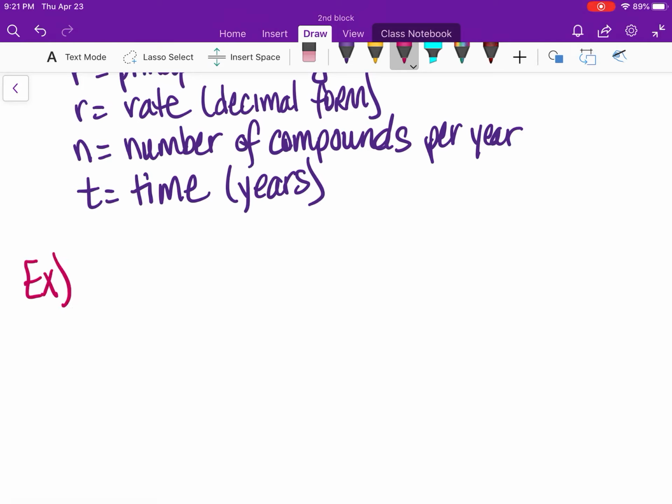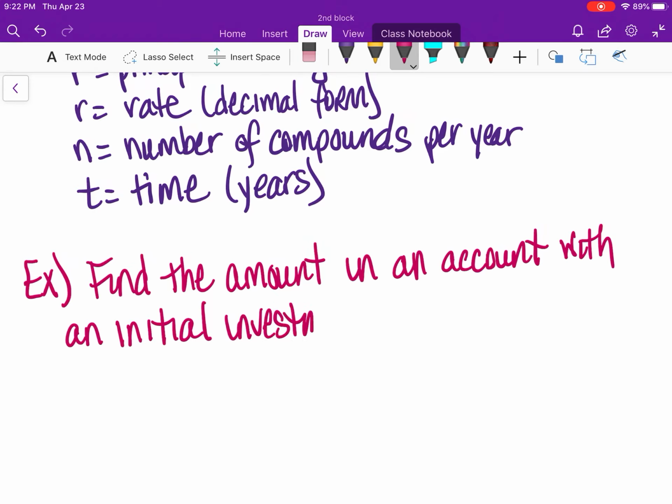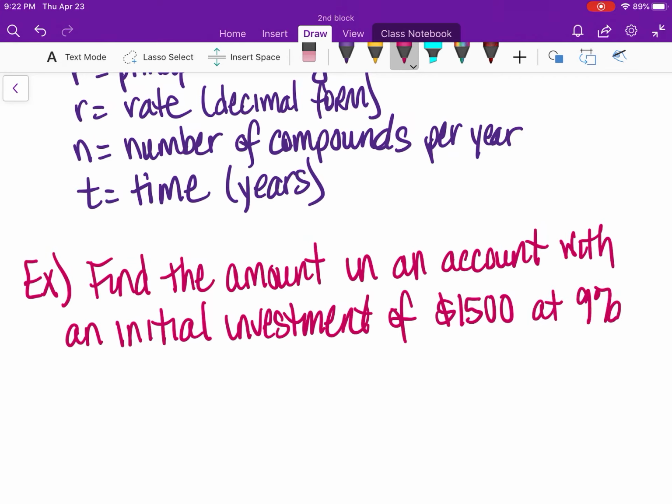So for example, let's say that we want to find the amount in an account with an initial investment of $1,500 at 9% for 3 years.